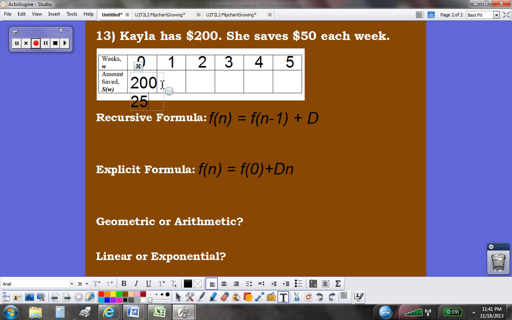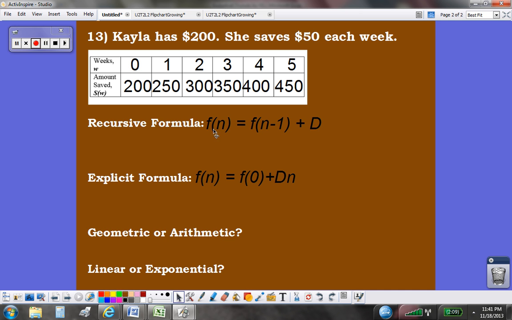So this would be 250. Then it would be 300, and 350, and then 400, and then 450. Alright, so there's my table.